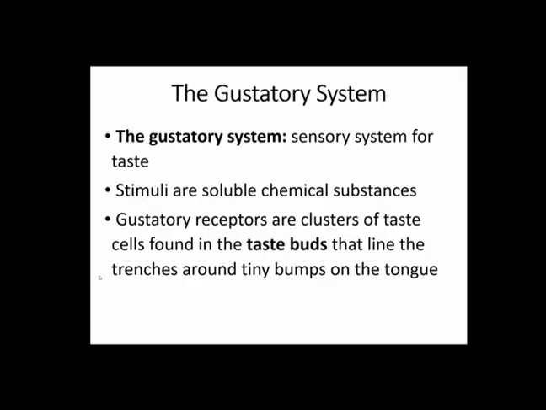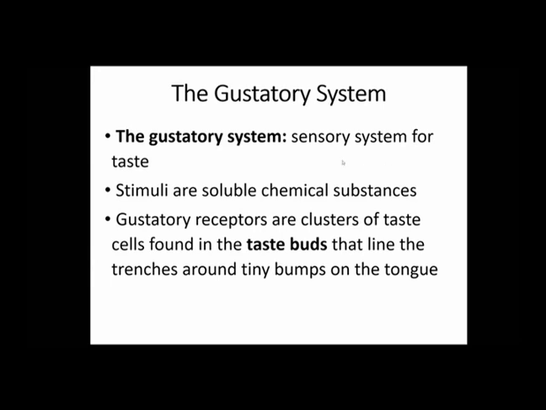As per usual, we can start by talking about what our stimulus is in terms of this system. We've said that our gustatory system is our sensory system for taste, and here our stimuli are soluble chemical substances. Chemical substances just means anything that is made up of molecules.